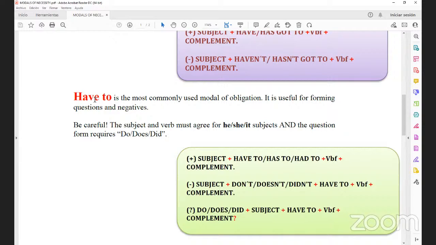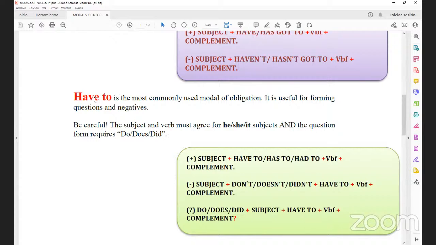This is like 50% of something strong. And this is the most commonly used in speaking.